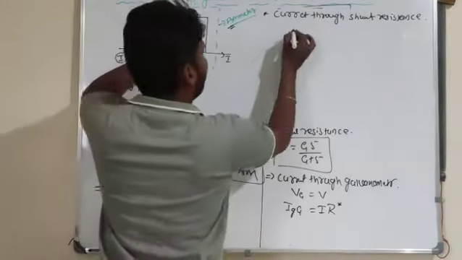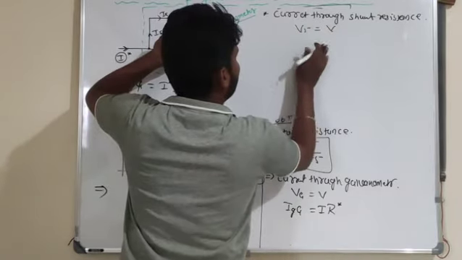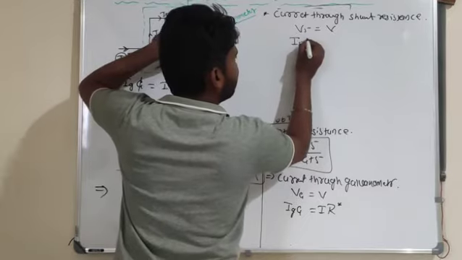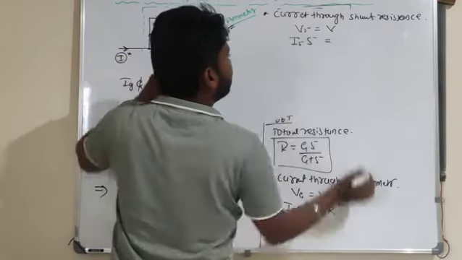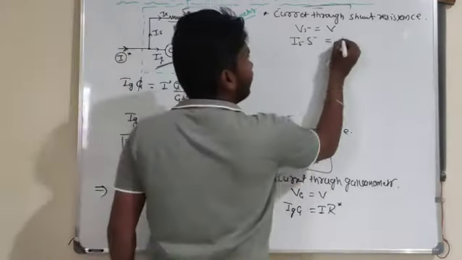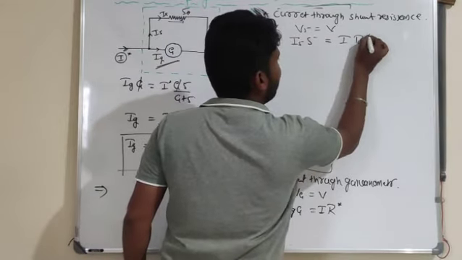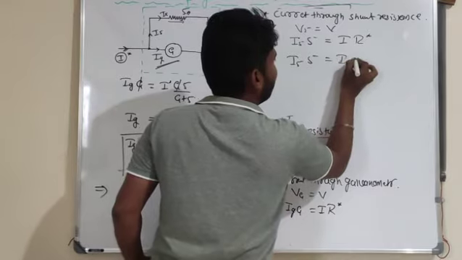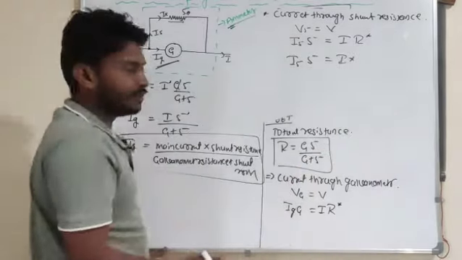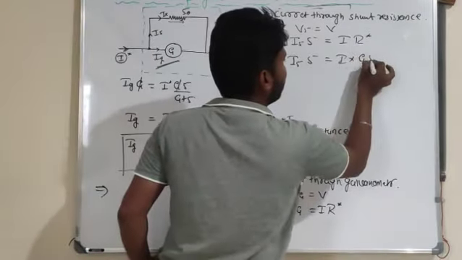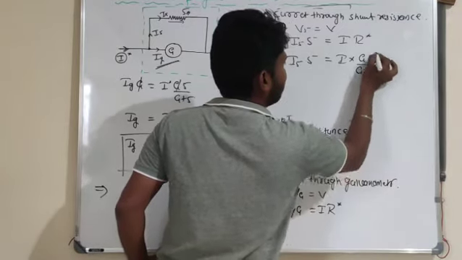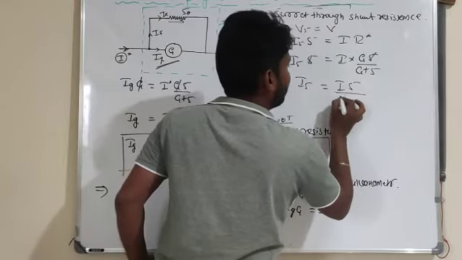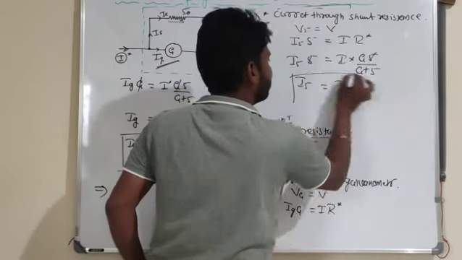Same thing: V of S is equal to V. V of S means the current through the shunt resistance and the shunt resistance value, which is equal to I into R. Again, Is into S equals I into R. So wherever R is there, G into S divided by G plus S. Here the S term will get cancelled out. Is is equal to I into G divided by G plus S.